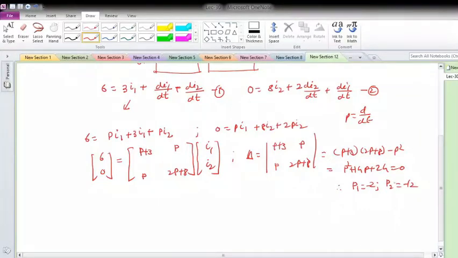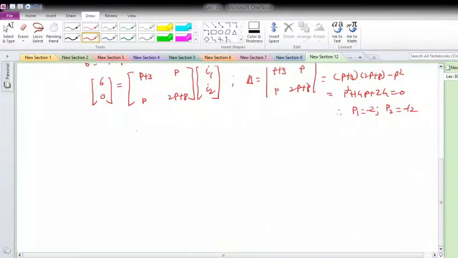Now I have to write the solution. It consists of the complementary solution as well, and the forcing function is also there. So I1 of t will be k1 e raised to p1t plus k2 e raised to p2t, which is the complementary solution, plus the particular solution ip1 of t.